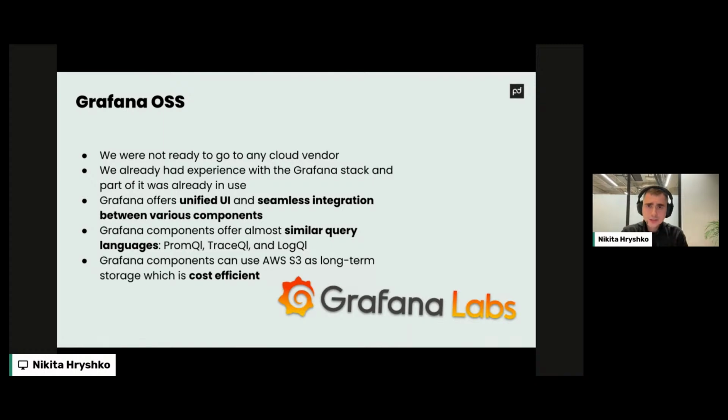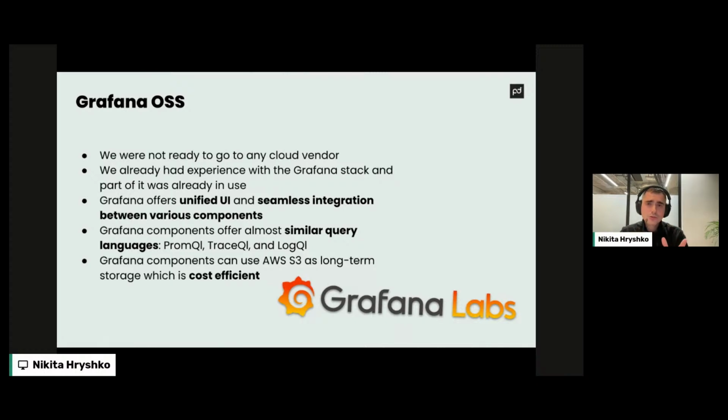And after careful consideration, we concluded that in general, we only have one viable option, an open source solution by Grafana Labs. Why? We were not prepared to commit to any cloud vendor, as in most cases, it tends to be too expensive. Also, we already had experience with the Grafana stack, and a portion of it was already in use within our infrastructure.